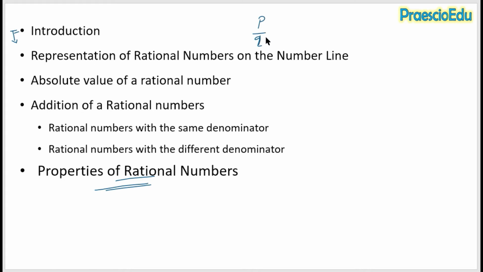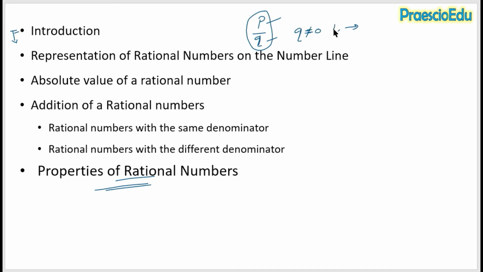Both are integers, but q should not be equal to 0. So I will repeat: p is an integer, q is also an integer, in the form of a fraction, meaning numerator and denominator. In that case, q should not be 0, meaning it will be either 1 or more than that, either 2, 3, 4, 5, any number, or 1 also.